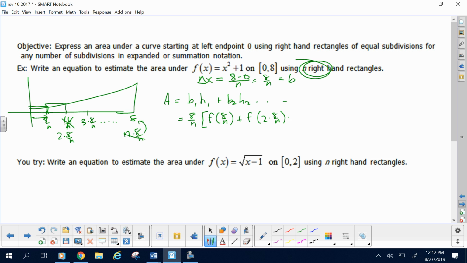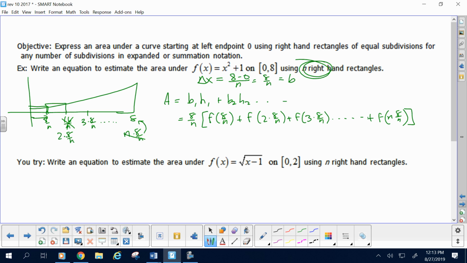The third height is f at 3 8 over n's, dot, dot, dot, ending at f at n 8 over n's, whichever you like, they are equivalent. The last 8 over n. You follow? Okay.